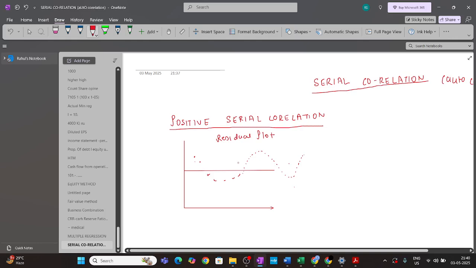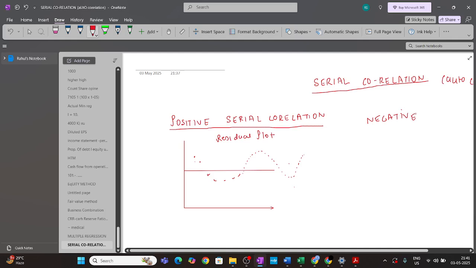Positive followed by positive and negative followed by negative, right? So this is my positive serial correlation. Most financial data you will find this positive serial correlation, right? A positive error term is followed by a positive error term, and a negative error term is followed by a negative.